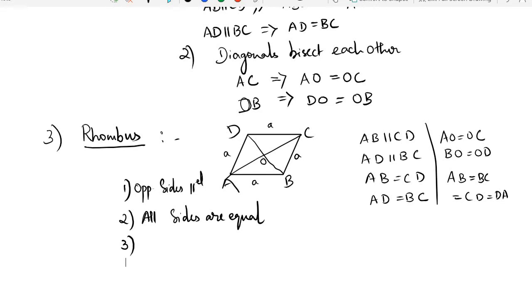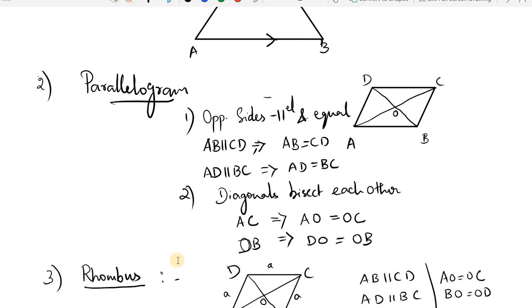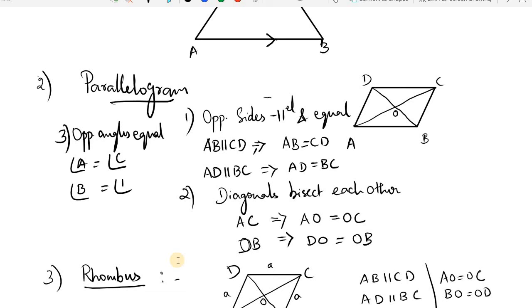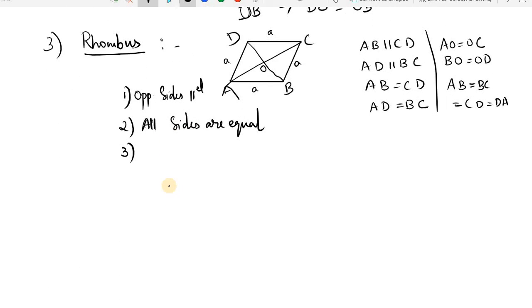Even in a parallelogram, that is something that I missed telling you. So let me put that as a third point. Opposite angles equal. That means angle A equals angle C and angle B equals angle D. This is something that you need to keep in mind. Similarly, I can write it over here. Opposite angles are equal.